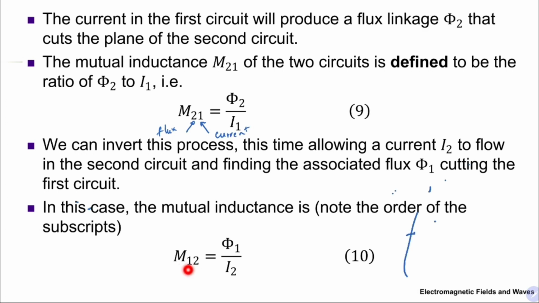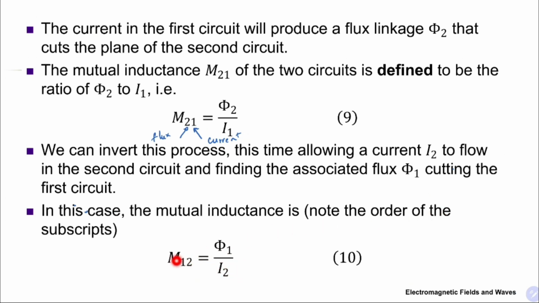M12 means the flux linkage at circuit 1, and the current at circuit 2. So the order of the subscripts is important, because it tells you who is generating the current for the flux. In M21, circuit 1 has the current that generates the flux, and the flux is cutting circuit 2. In M12, circuit 2 has the current flowing that creates the flux, and that flux cuts circuit 1.